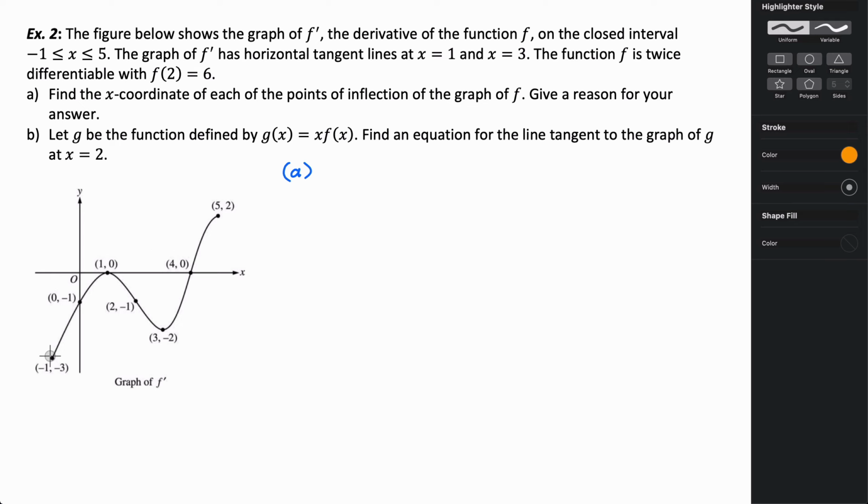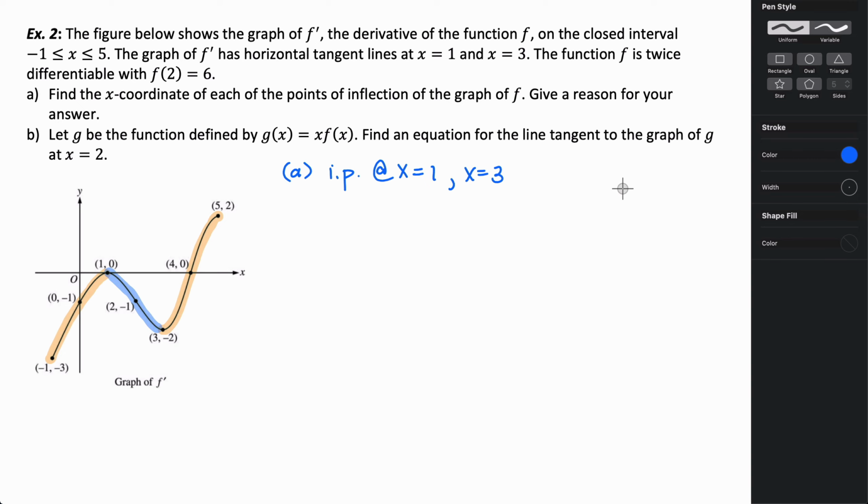You can see that f prime is increasing here, and then it's also increasing there, and then it decreases in this region here. So where do we have those changes? We have an inflection point at x equals 1, and then also at x equals 3.